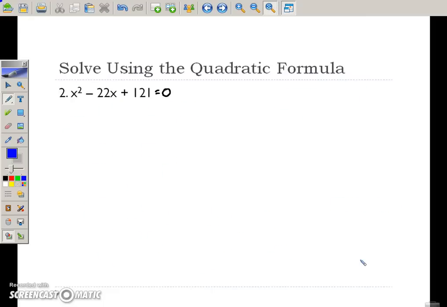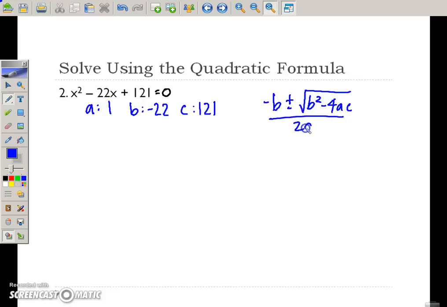The second one we looked at, x squared minus 22x plus 121. a is 1, b is negative 22, and c is 121. All right, our formula is negative b plus or minus the square root, b squared minus 4ac, all over 2a.